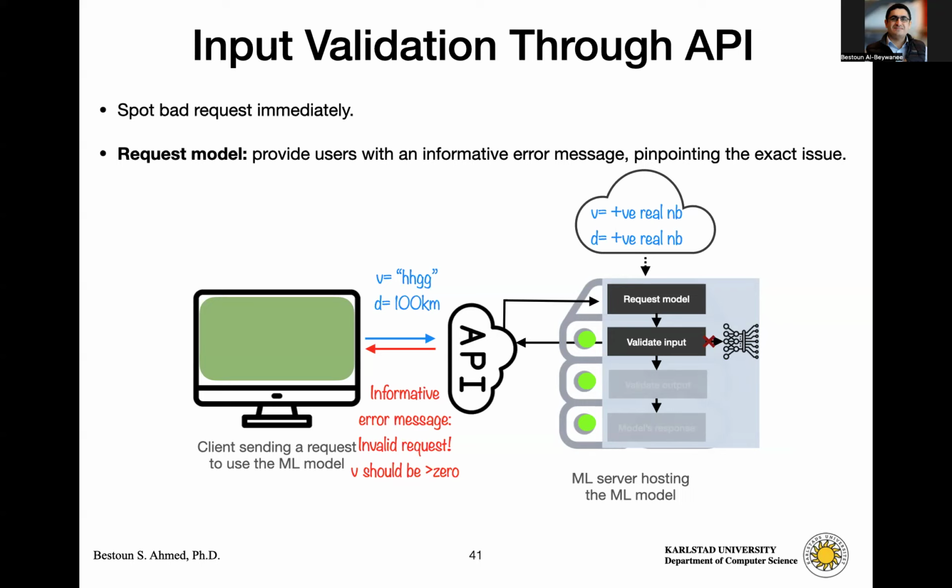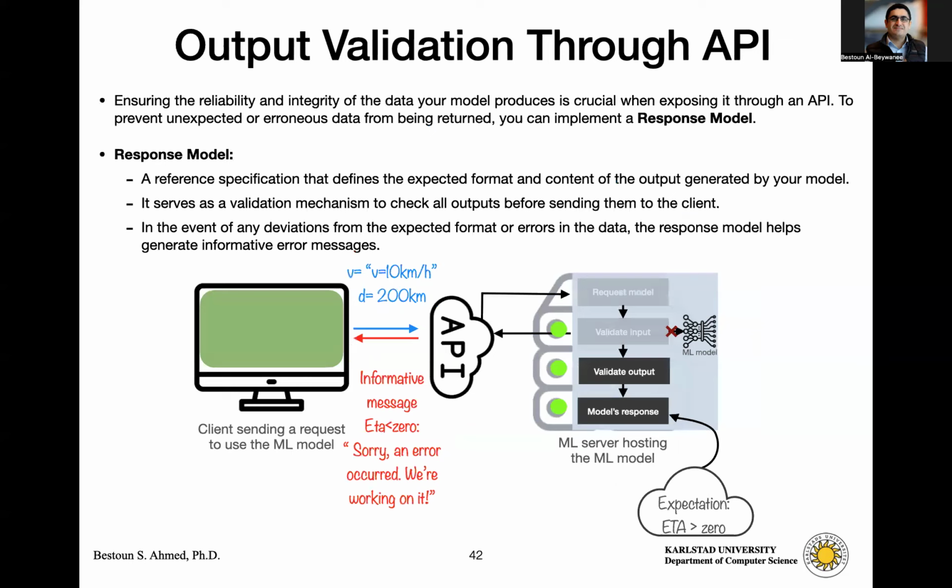So for example, you have to give some informative error message, for example, invalid request, or V should be greater than 0, and so on. So that's the input validation. You get the request, but you validate the input before sending it to the model to respond. Another thing is the output validation.